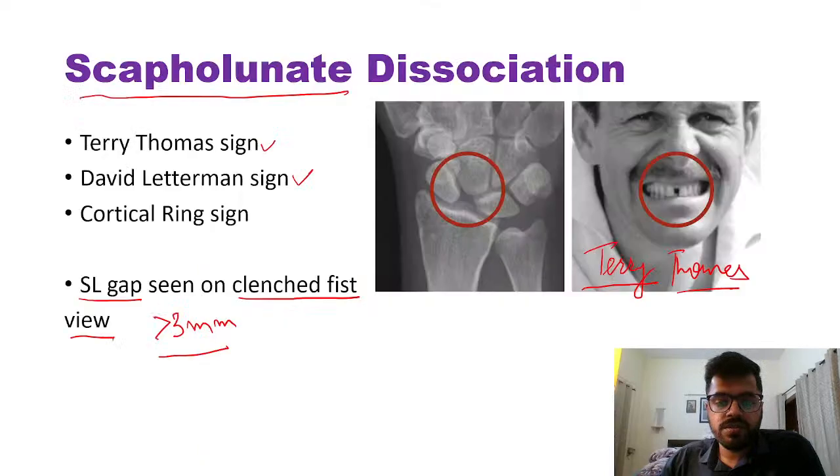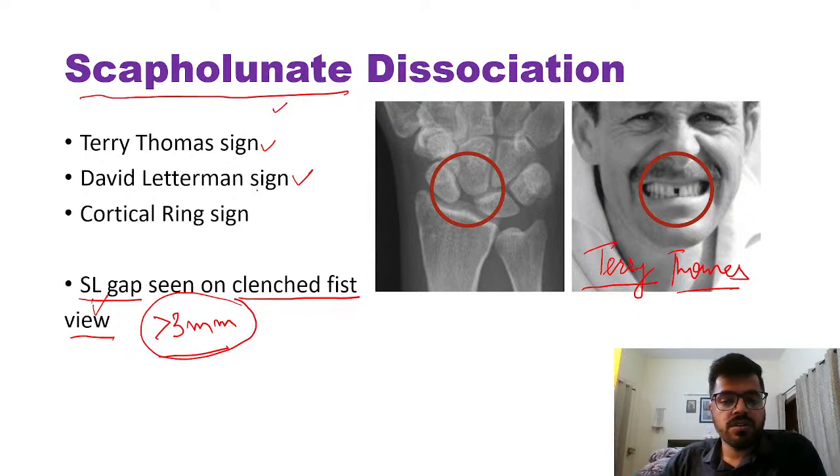He's David Letterman. As usual, Americans could not stay with a British name, so they came up with their own. This guy is an American actor, so they came up with their own sign. So David Letterman sign is the same as Terry Thomas sign. There is no difference. Basically, the scapholunate gap is more than 3 mm. It is seen in scapholunate dissociation.